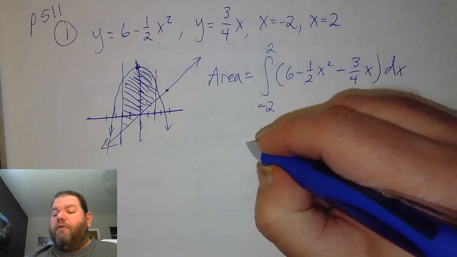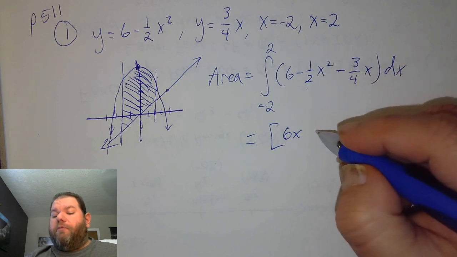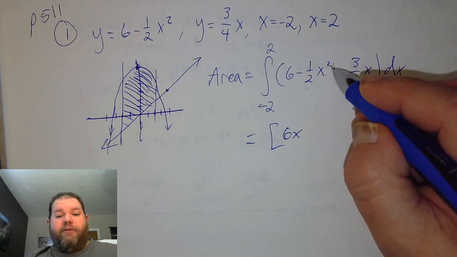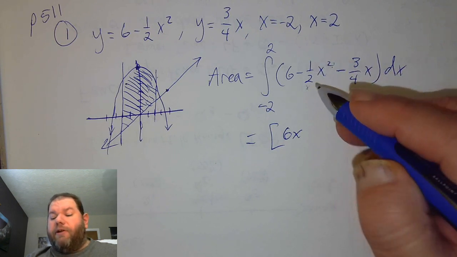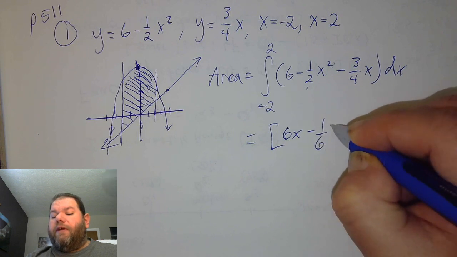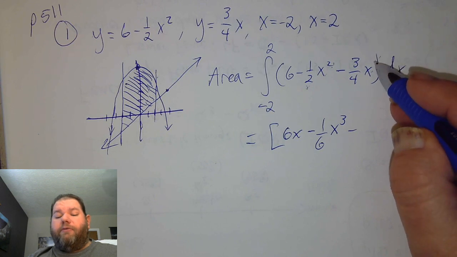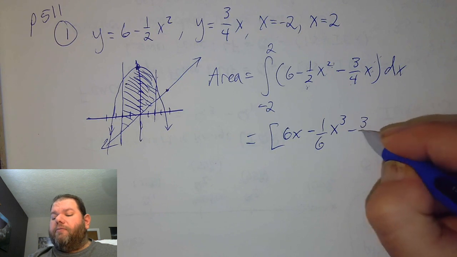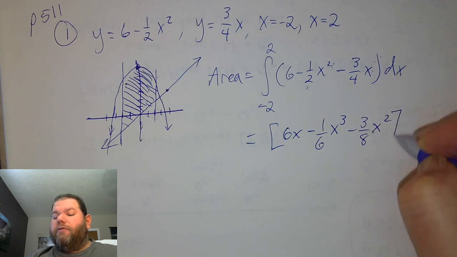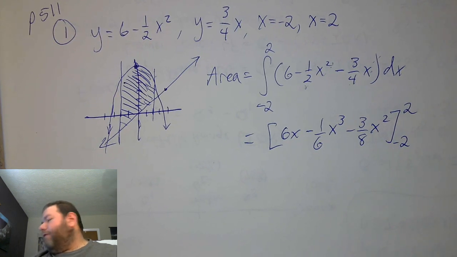The integral of 6 would be 6x. For 1/2 x squared, the integral would be x cubed, and then we divide by 3, so minus 1/6 x to the third. And then 3/4 x becomes x squared when it integrates, and we divide by that 2, so it'll be 3/8 x squared. And that's evaluated from -2 to 2.